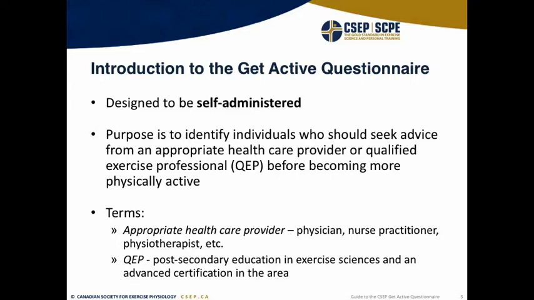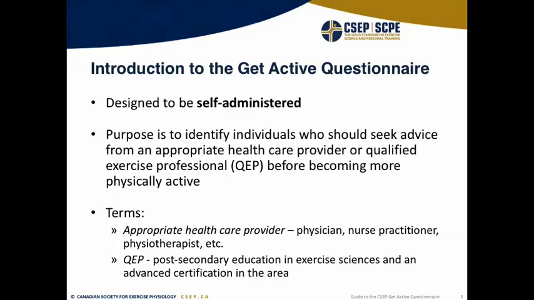There are a few terms used throughout the Csep Get Active Questionnaire, and the choice of words was purposeful. We reference often an appropriate healthcare provider, and this is to recognize that depending on a person's location and the nature of their question, they may be going to their family physician, a drop-in clinic, to a nurse practitioner, or to a physiotherapist or some other appropriate healthcare provider given their medical condition or symptoms they may be experiencing.